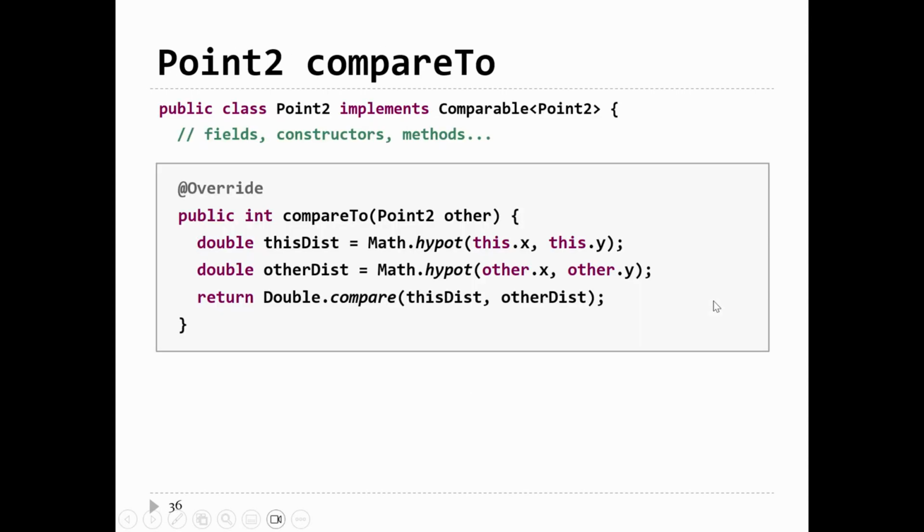Notice that this, for points, is not consistent with equals. This tests if two points are the same distance from the origin. If they're the same distance from the origin, then compareTo returns 0. So remember what the definition of a circle is.